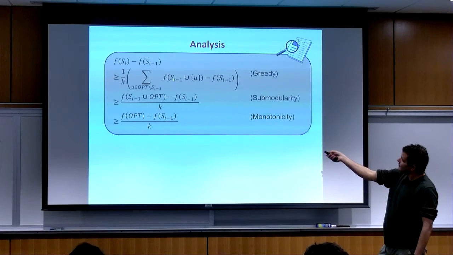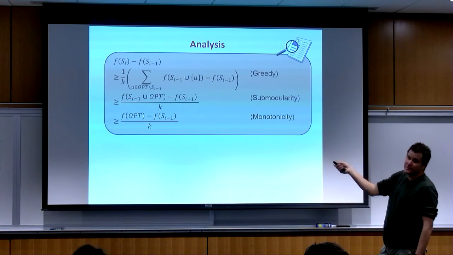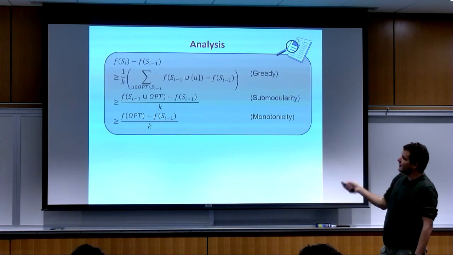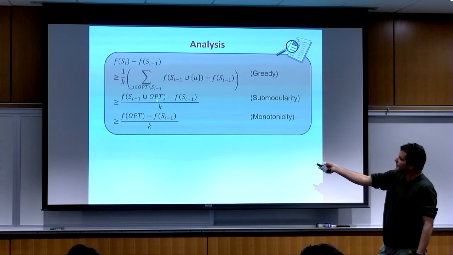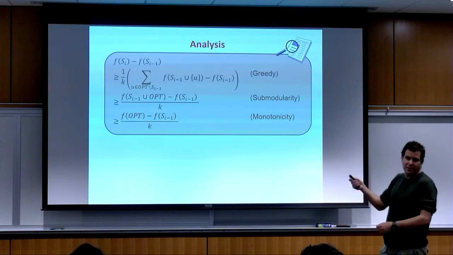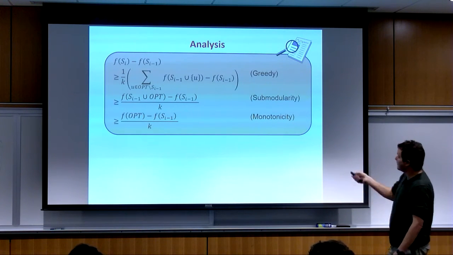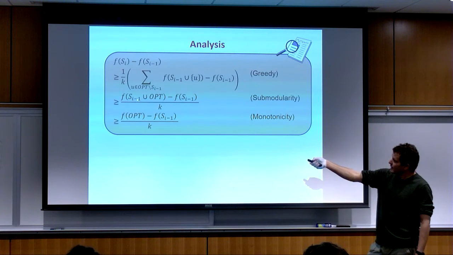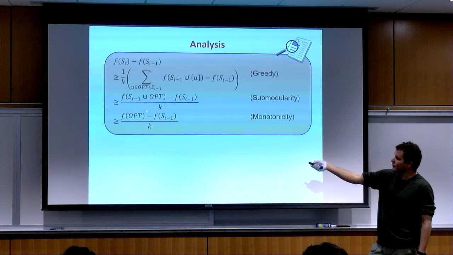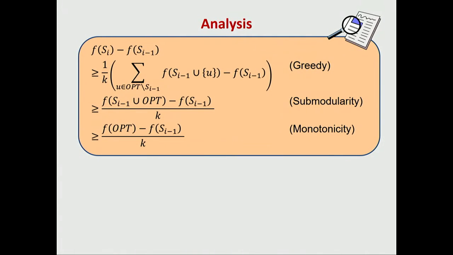The property is that adding any element independently is worth more to the function than adding all of them together. So adding all the elements of opt is less than adding each element of opt separately. This is by submodularity. And then by monotonicity, we see that Si minus 1 cannot hurt opt. So this is at least f of opt minus f of Si minus 1, over k. And this is all the proof.